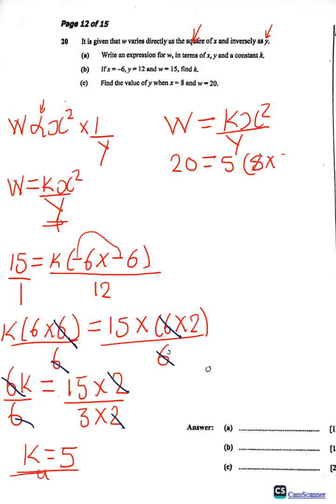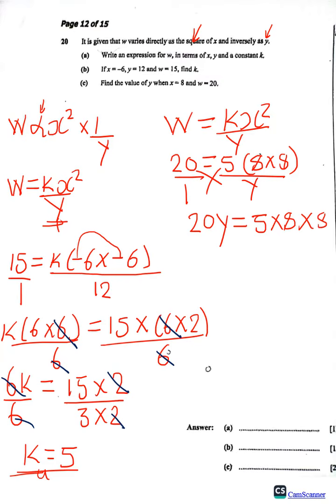Since it's squared, 8 times 8 over y. So over 1, let's cross multiply. 20 times y is 20y. 1 times 5 times 8 times 8 is just 5 times 8 times 8.